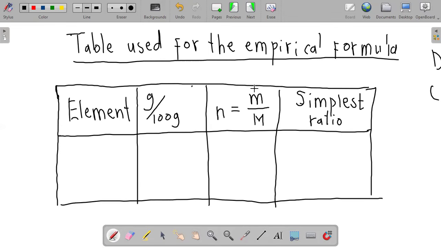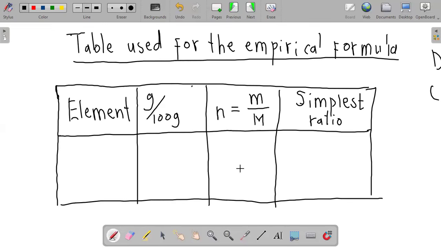And then the molar mass, the mass, I meant to say, is obtained from the percentage column here, G over 100G. And then the elements are written down here. I think you will see while we're doing examples. I will show you how we get the numbers from here to here to here.